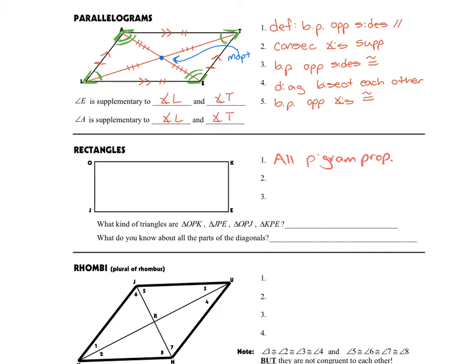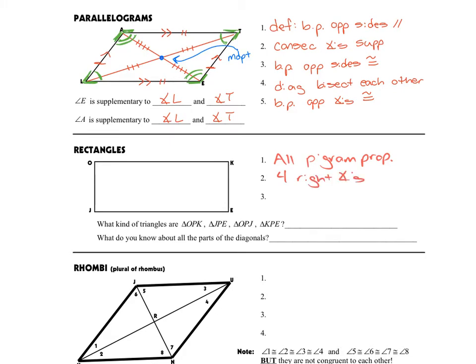So as soon as you know you have a rectangle, you automatically have all of these properties from up above. So just by listing all parallelogram properties, it automatically counts for 5. Now, it's going to be a parallelogram with 4 right angles. So that's going to give us our next property. We're going to identify that it has 4 right angles.